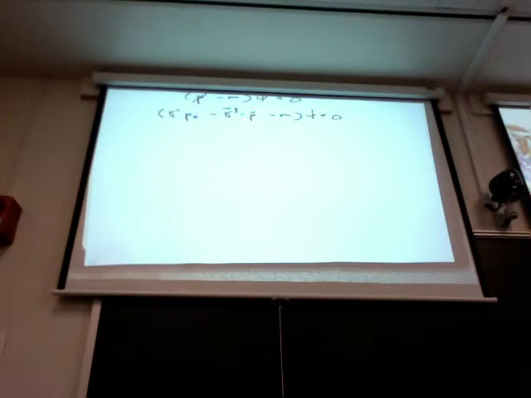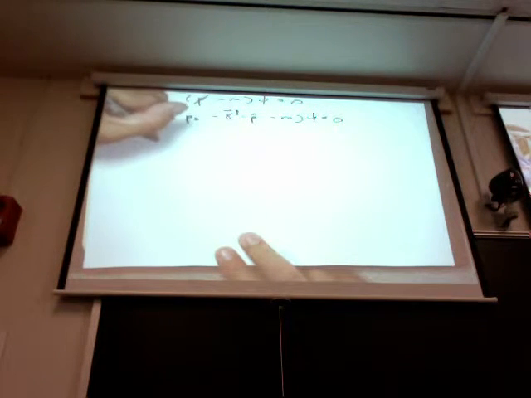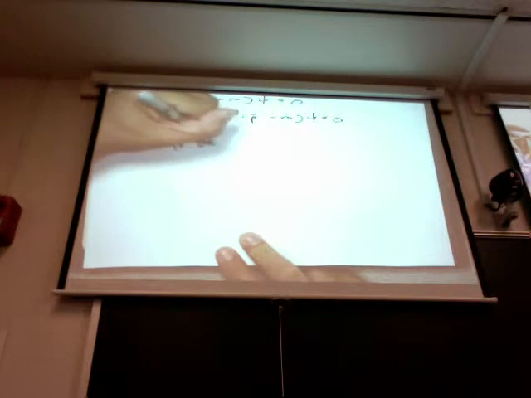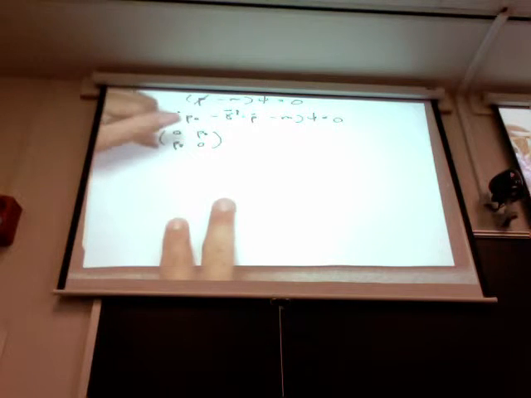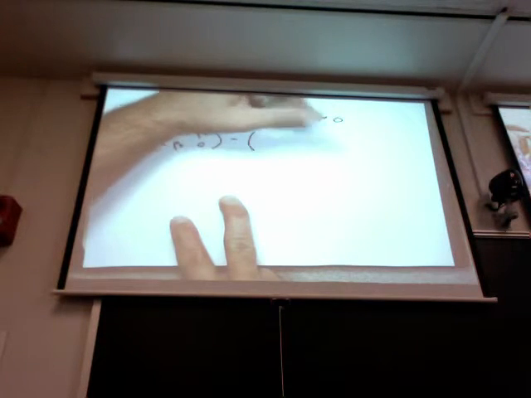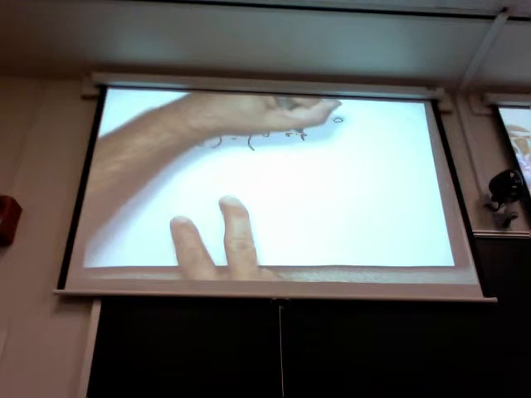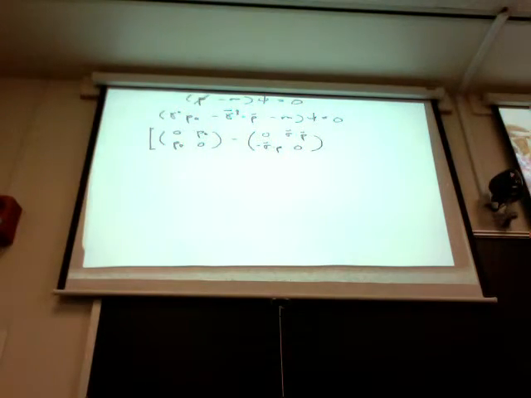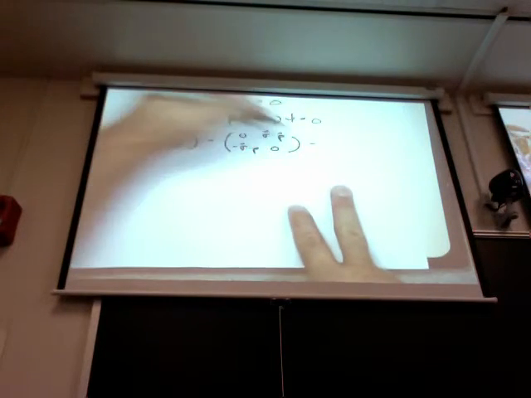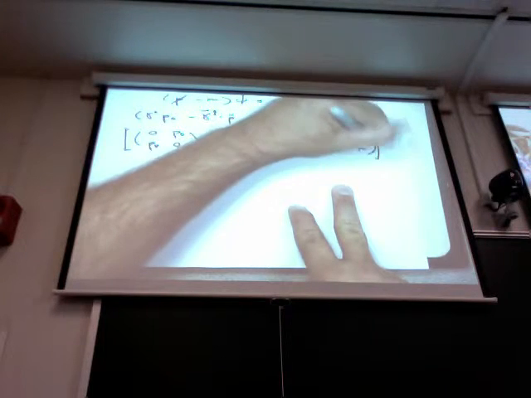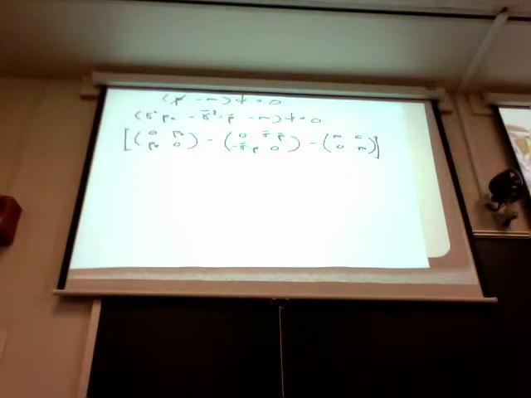For gamma 0 I get 0, P0, P0, 0. The other piece is 0, sigma dot P, minus sigma dot P, 0. And here I have to remember that the m is multiplying an identity matrix, so it's m, 0, 0, m. So that's what the operator looks like in matrix form.